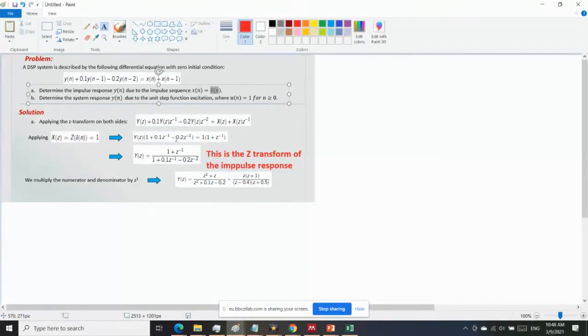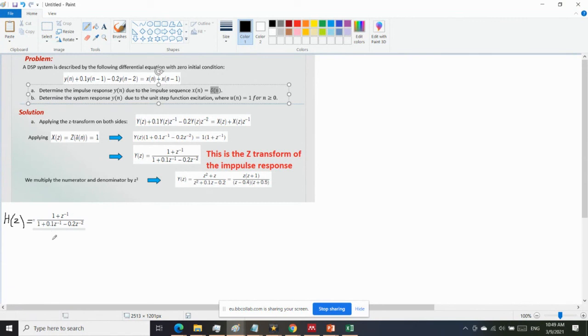So if we want to find the impulse response, we do the inverse. Here what we have is, say, H(z), which is the Z transform of the impulse response named h.